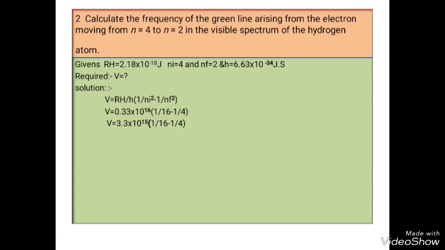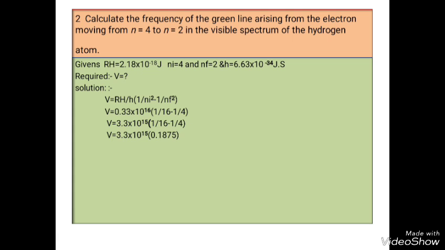When we simplify the term in the bracket 1 over 16 minus 1 over 4, the least common multiple is 16, and when simplified it becomes 3.3 times 10 to the power of 15 into 0.1875.